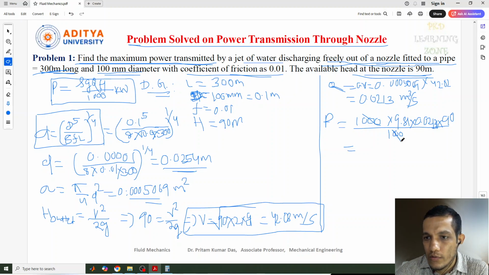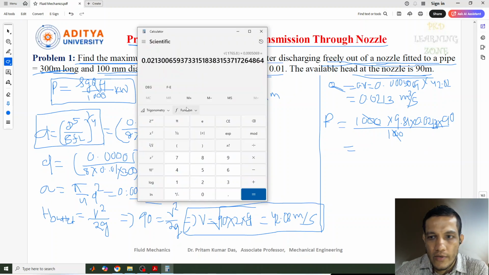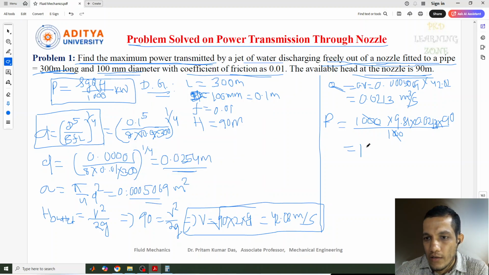So 1000 can be cancelled, and let's see how much we are getting. 0.0213 into 90 into 9.81 gives 18.8 kilowatt. This much power will be transmitted. This is our final answer.